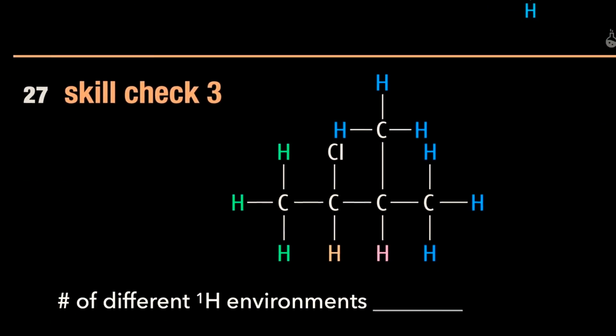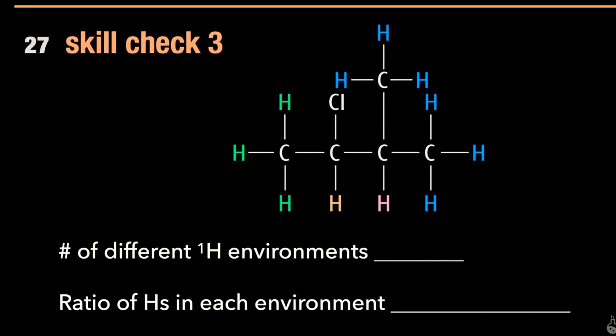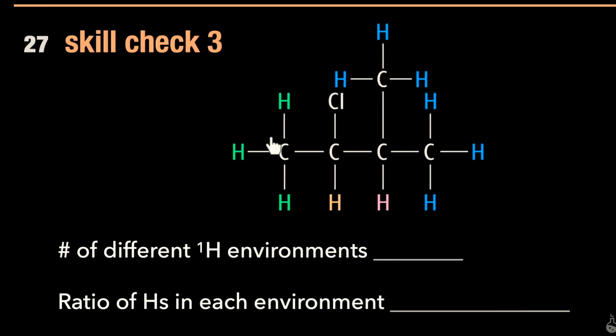Now let's look at a couple of questions. Obviously, this is easier when you look at the board because they're colored right here. But even if they're not colored, in the condensed form this would be CH3, then a CH with a Cl, then C with an H and 2 CH3s.